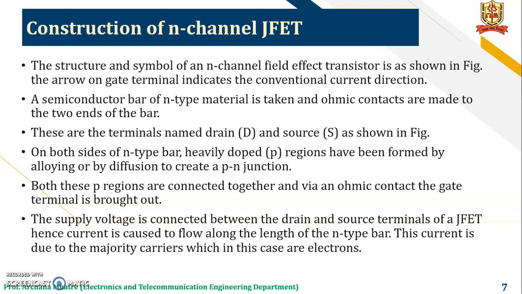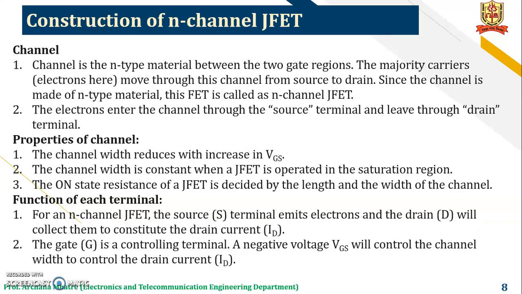On both sides of the N-type bar, heavily doped P regions have been formed by alloying or diffusion to create the PN junction. Both these P regions are connected together and via an ohmic contact, the gate terminal is brought out. The supply voltage is connected between the drain and source terminal of a JFET. Hence, the current is caused to flow along the length of the N-type bar. This current is due to the majority carriers, which in this case are the electrons.